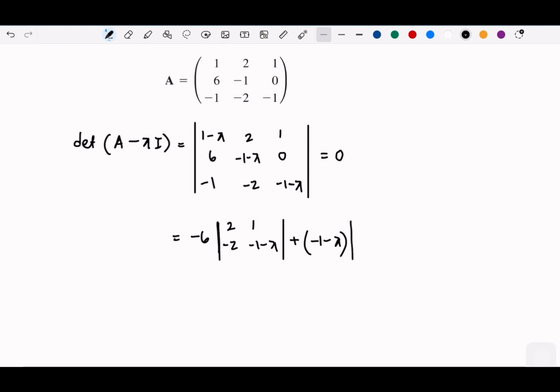And then multiply with 1 minus lambda, 1, -1, we make a space here. So this will be -6, -2, negative lambda, multiplied with -2, so +2.